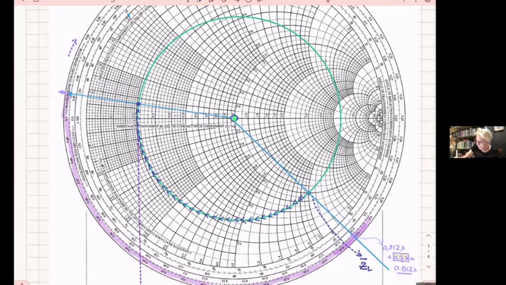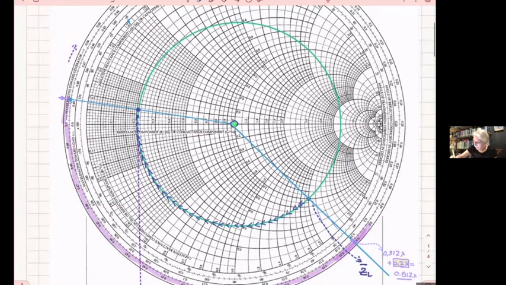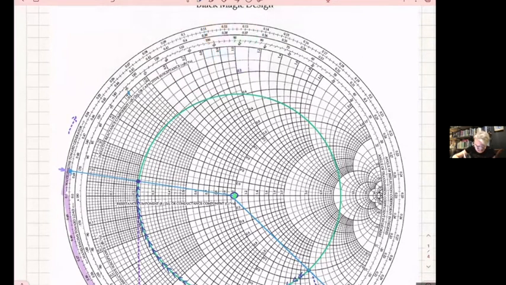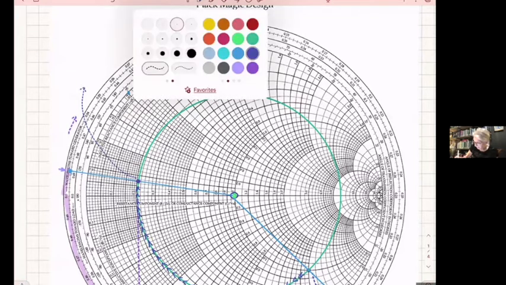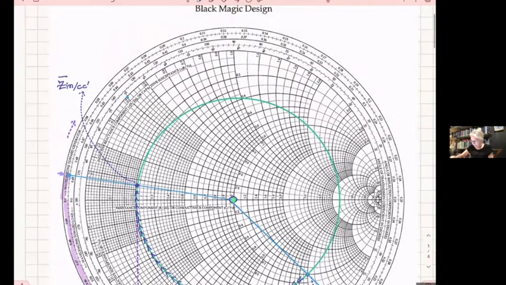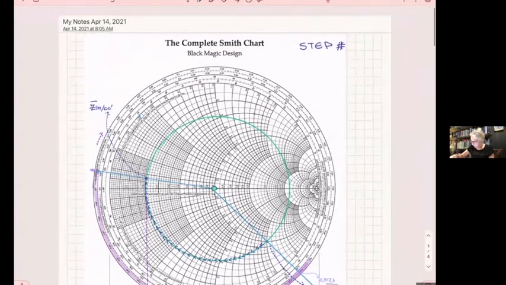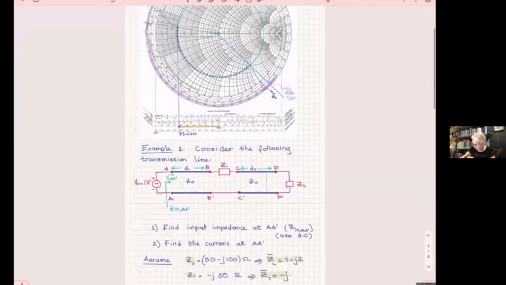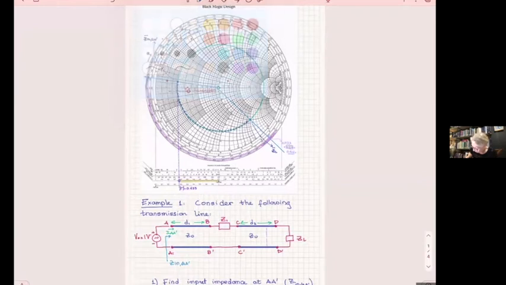Okay, so now I found this point there, which is Z in at C prime. Okay, so now to show you, let me make it smaller. All right, so you see the Z in at C prime. This is practically your Z in at C prime would have been here.